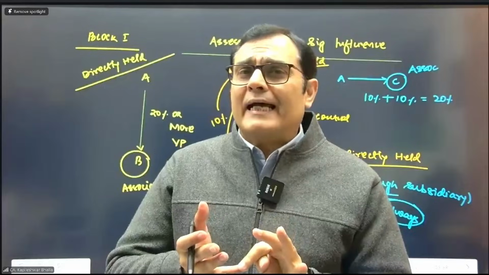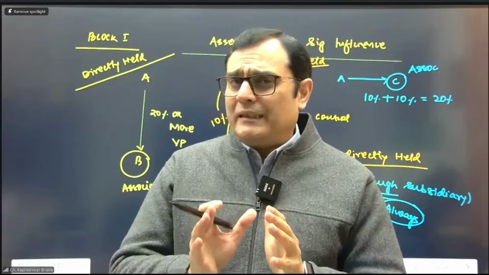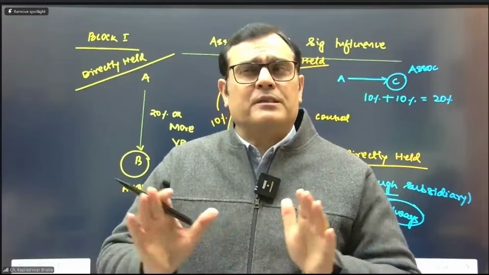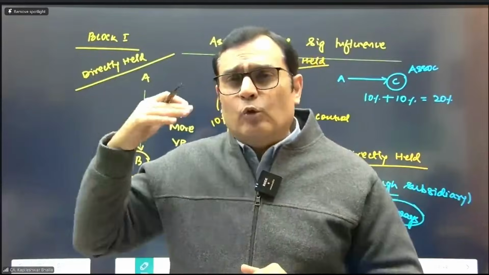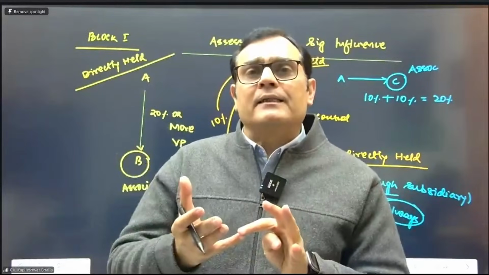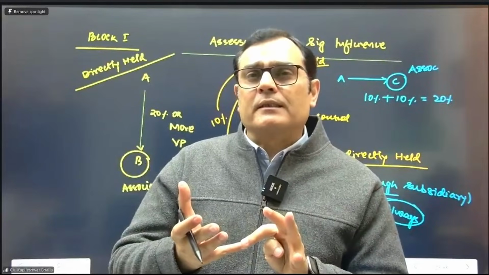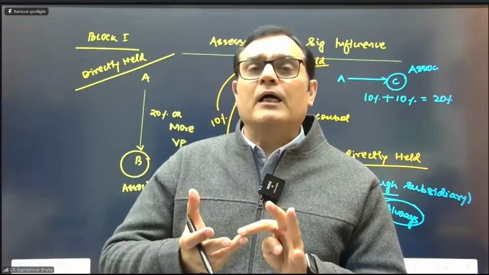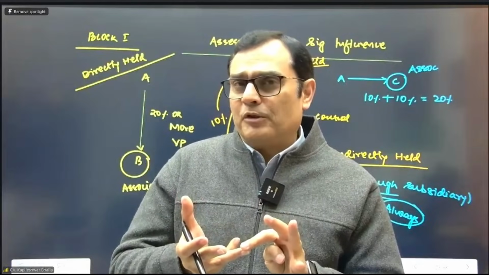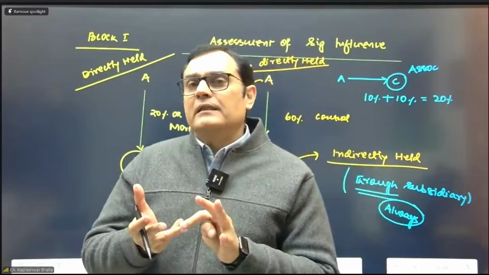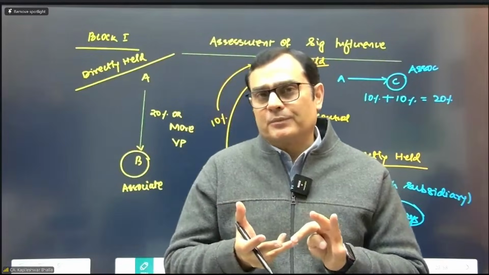So when you look at the facts, you say, okay, you've got 20% or maybe less than 20%, it's fine. But let me also look into the parameters, and the parameters are: do you have representation on the board of directors? Are you participating in the policy making process, including dividend distributions and other distributions as well?